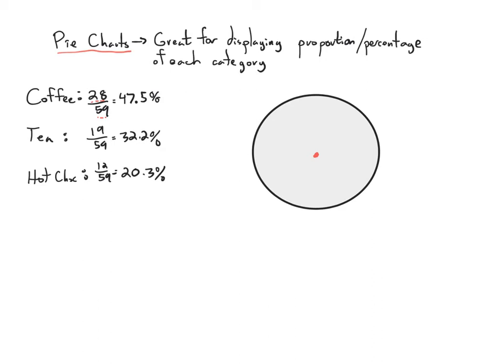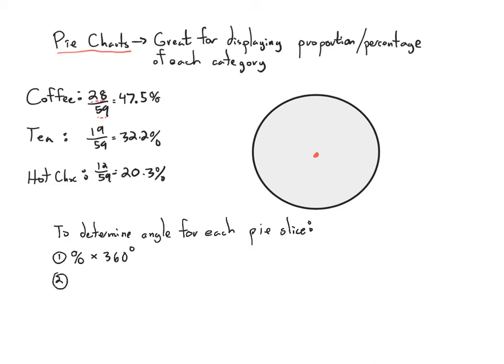So to determine the angle for each pie slice, you can either do the percentage times 360 degrees, or the second thing you can do is the proportion, so part over whole equals x over 360, and solve for x.